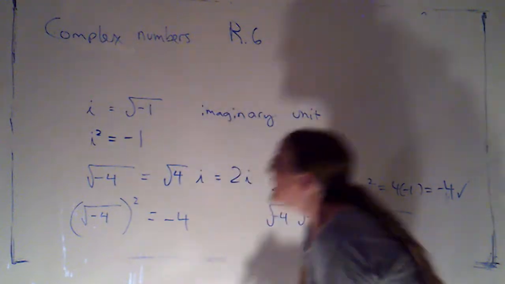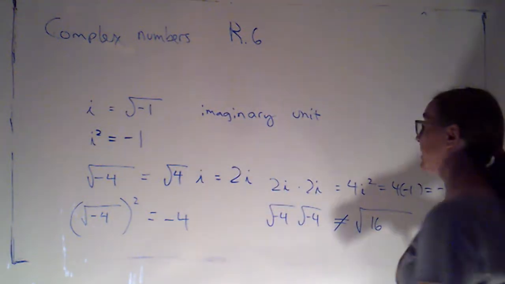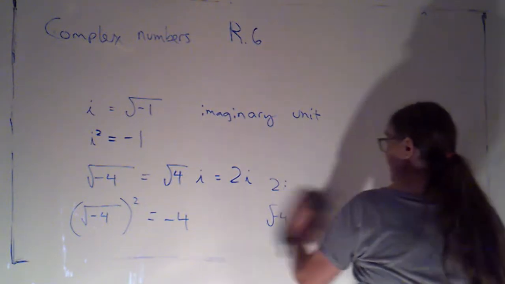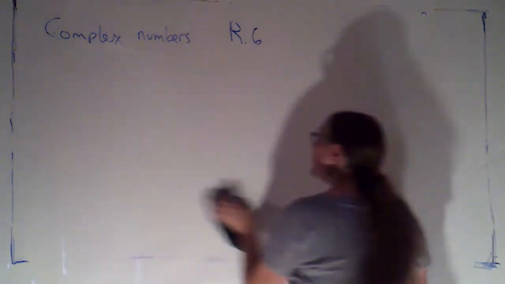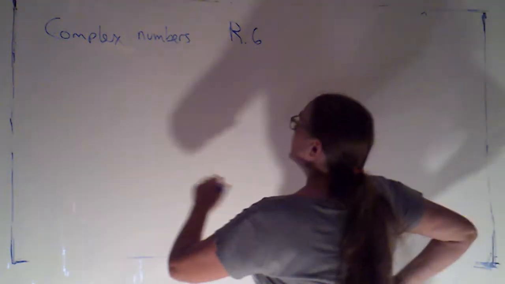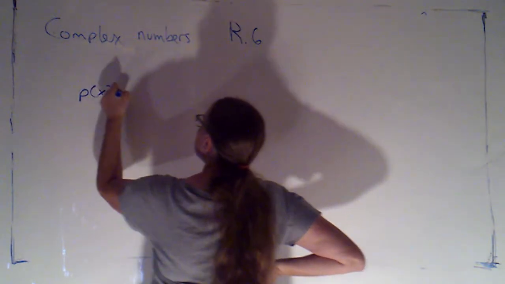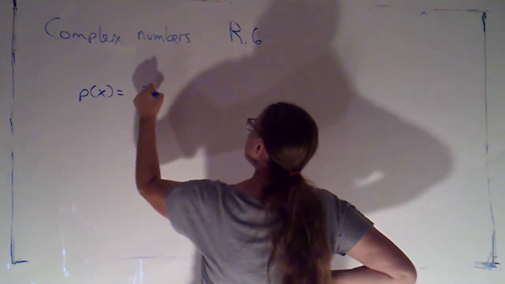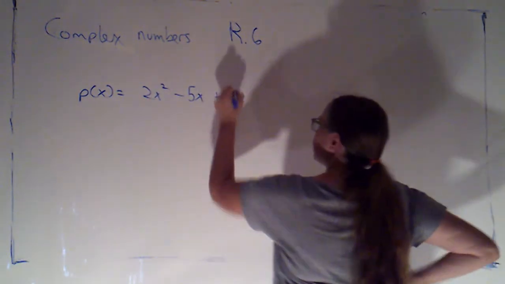Now, where the complex numbers are going to show up for us are almost always when we're finding zeros of a quadratic using the quadratic formula. So let's just suppose I had P of x equal to 2x squared minus 5x plus 10.